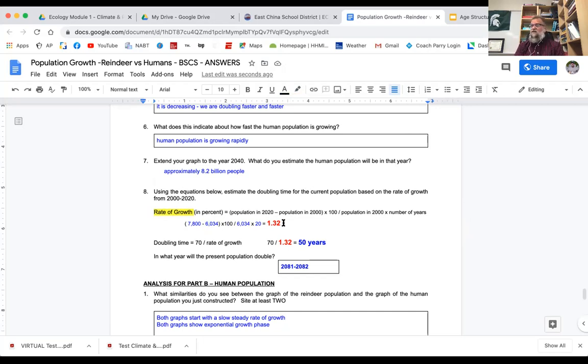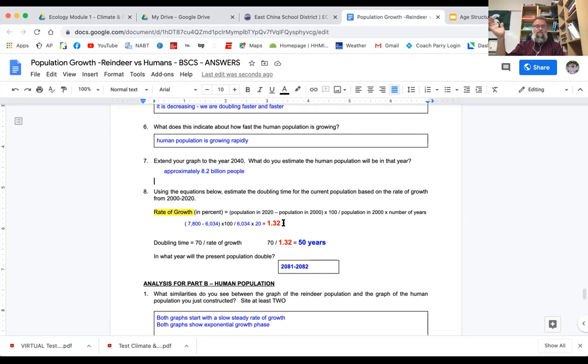Doesn't sound like much, but when you're at 8 billion people and you're growing over 1% a year, you're adding 800 million new people every year. So we're still growing. Now, we've been doing this activity, honestly, for about 30 years.